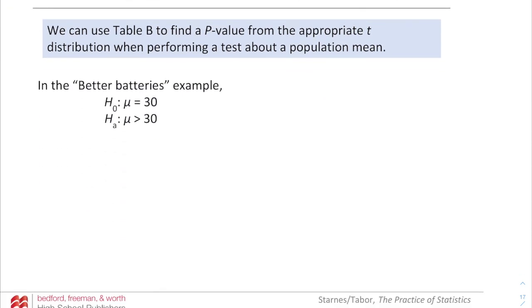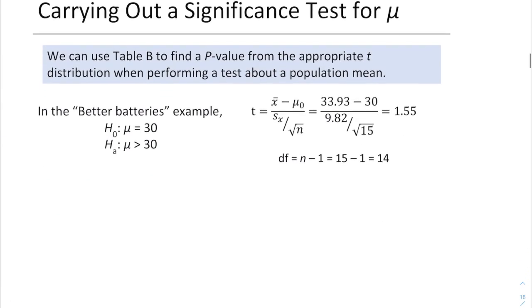So if we're talking about the batteries, the idea was that the standard normal AAA batteries that they produced had an average lifespan of 30 hours. And these new AAA batteries are supposed to last longer. So that's what your alternative hypothesis is.